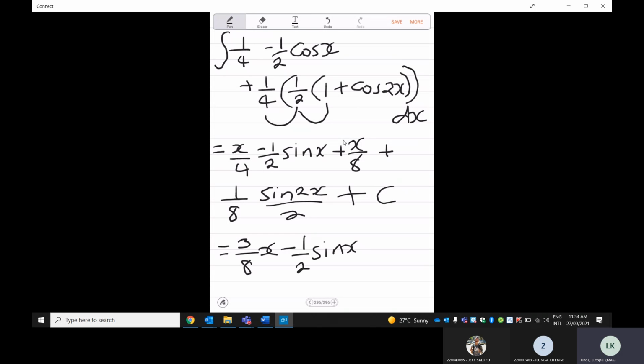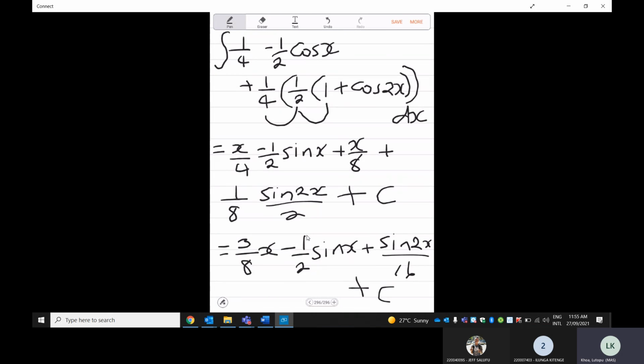And then the 1 over 8 and the sine 2x over 2, we multiply them. This gives us sine 2x over 16, and then you add your constant of integration.